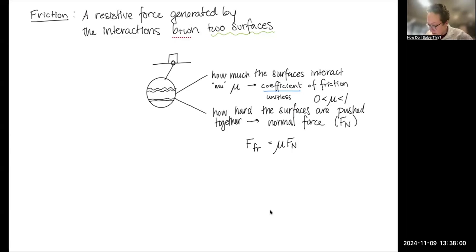But it is important for you to understand, at least conceptually, the difference between static and kinetic friction. Static friction is when an object is stopped and we want to start it.